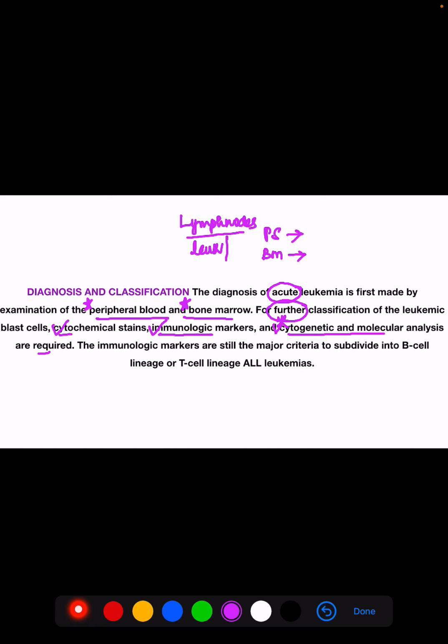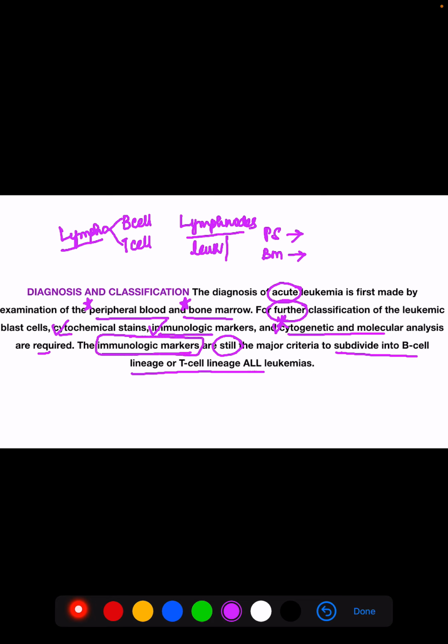The immunological markers are still the major criteria to subdivide into B cell lineage or T cell lineage. First we know that it is a lymphocytic leukemia. Then we have to know whether it is a B cell or a T cell lymphoblastic leukemia, and for that, immunological markers are required.